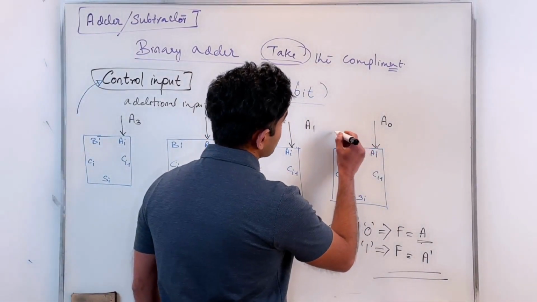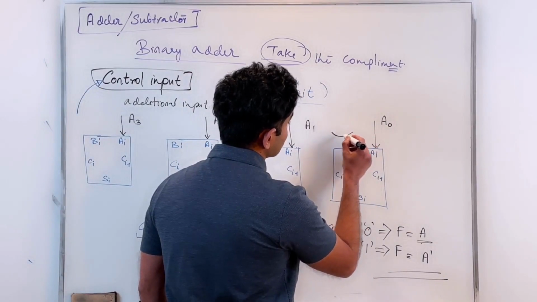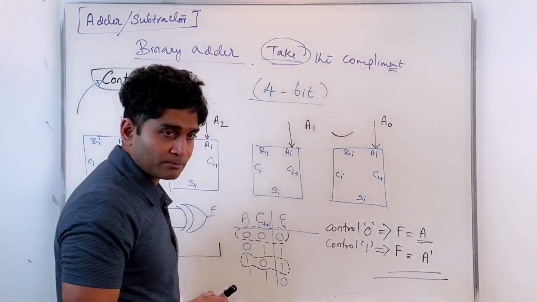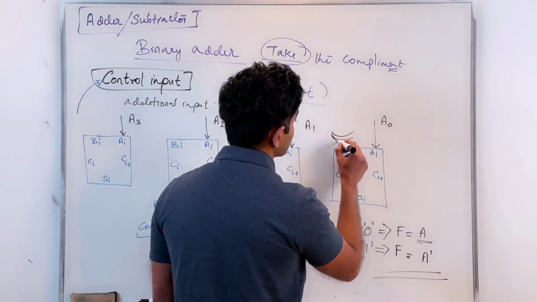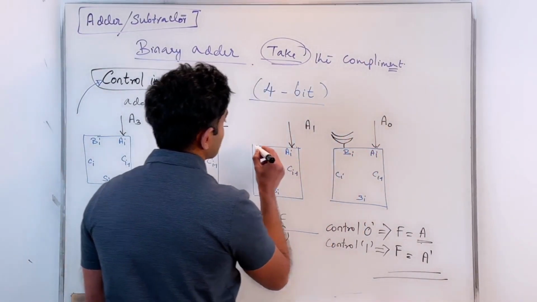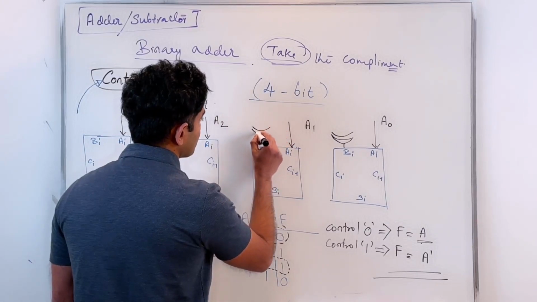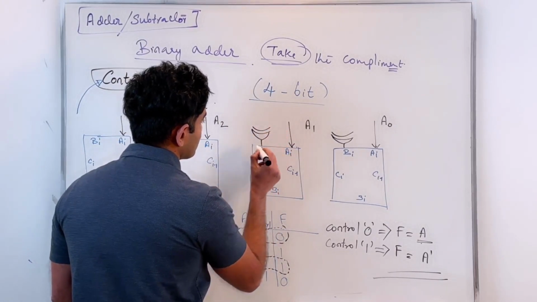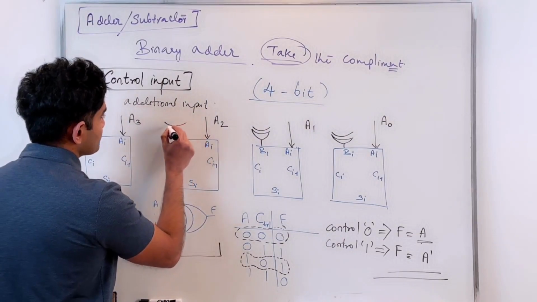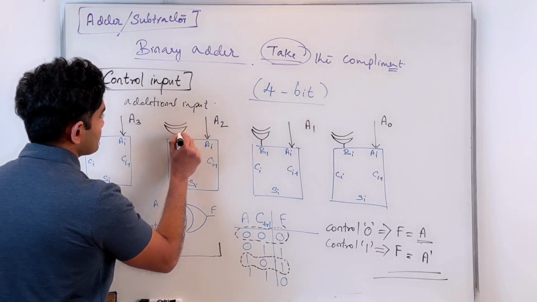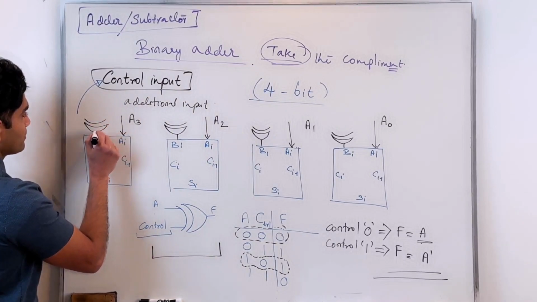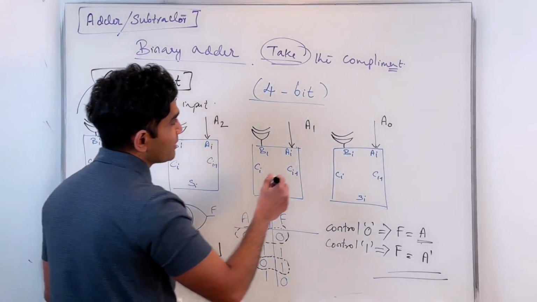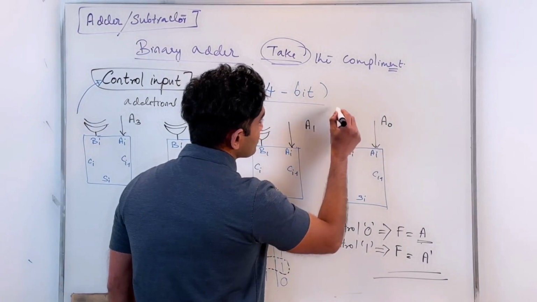So what I will do is, instead of directly attaching B's, I would use an XOR gate in between. Okay, where one of the inputs to the XOR gates would be my Bi.